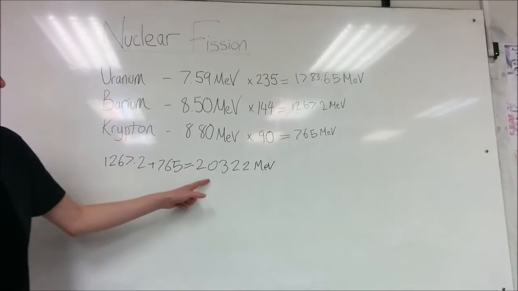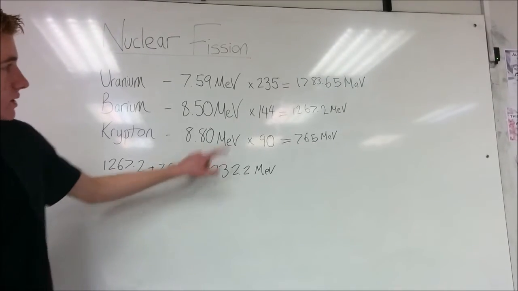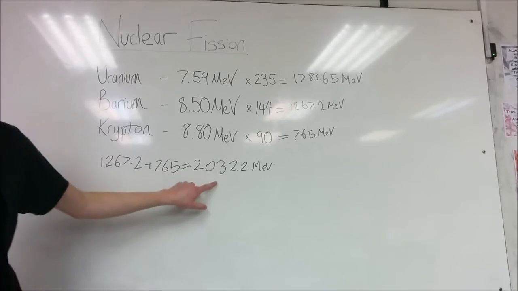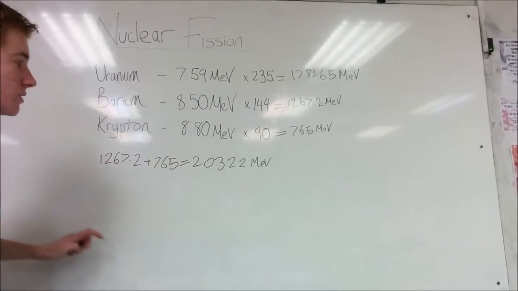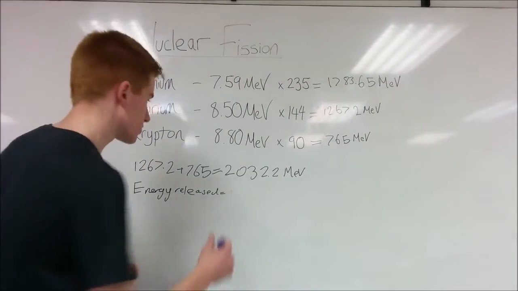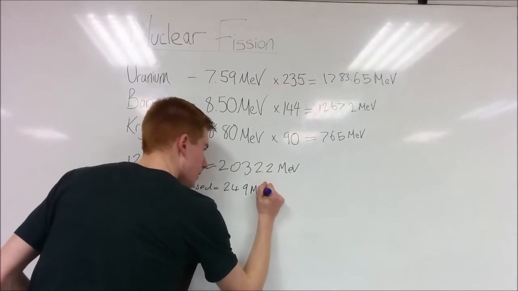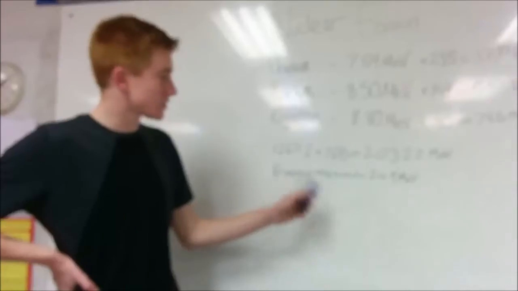If we find the difference between the total binding energies of the barium and krypton, i.e. this number, and the uranium atom, the energy released equals 249 mega electron volts.